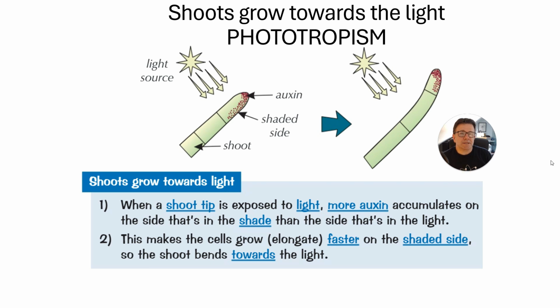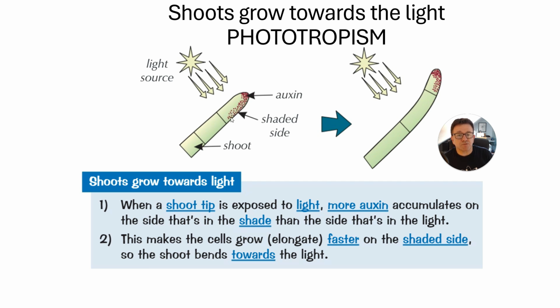Here's a quick summary of phototropism. When a shoot tip is exposed to light, more auxin accumulates on the shaded side of the tip. The auxin's made in the tip, remember, and it diffuses down the shaded part.